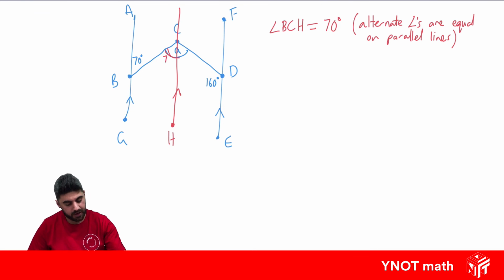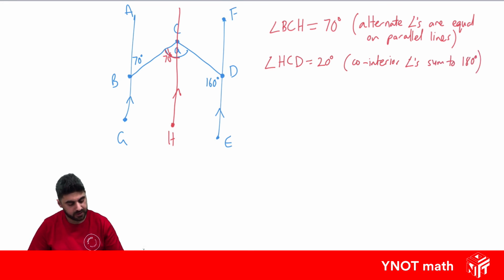So that gives us part of the angle A, but not the full thing. Now, if we look here, we've got two parallel lines and a transversal, and we've got two angles inside, which means we have co-interior angles. So we can say that angle HCD equals 20 degrees because co-interior angles sum to 180 degrees.